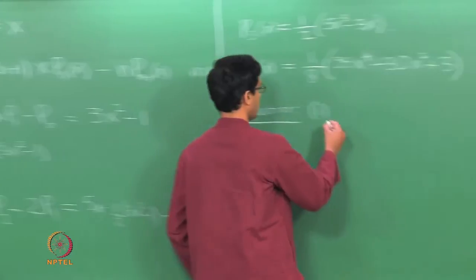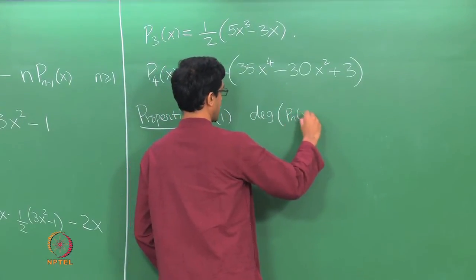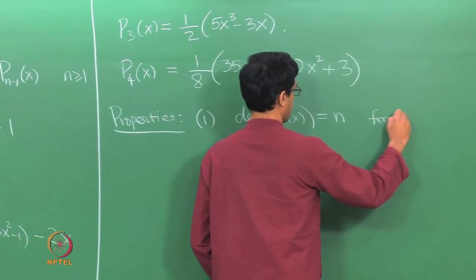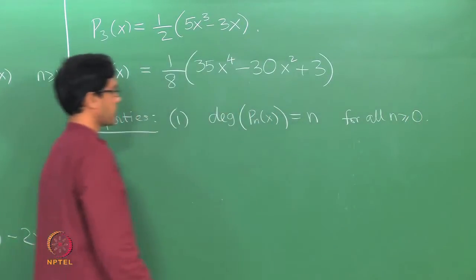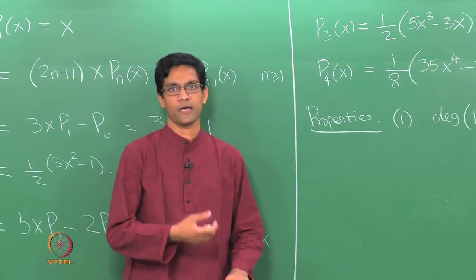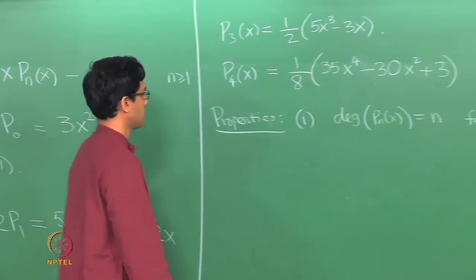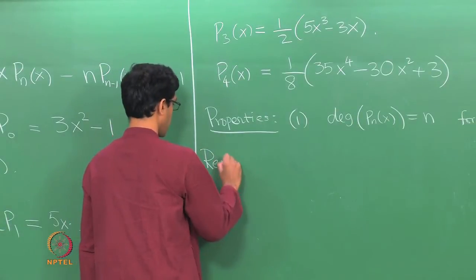So the property here is that the degree of Pn is exactly n for all n. This is also true for the Tn's, as we said as one of the properties of the Chebyshev polynomials: Tn has degree n.